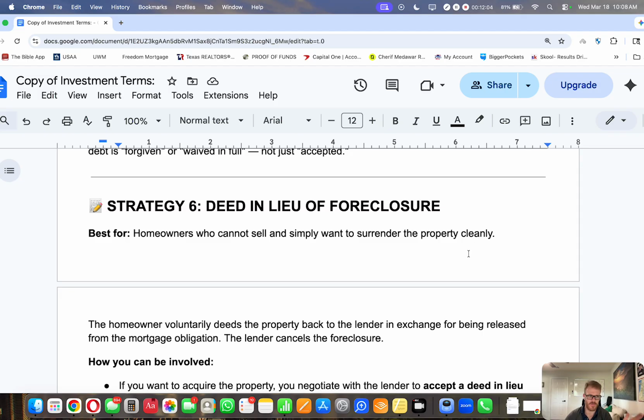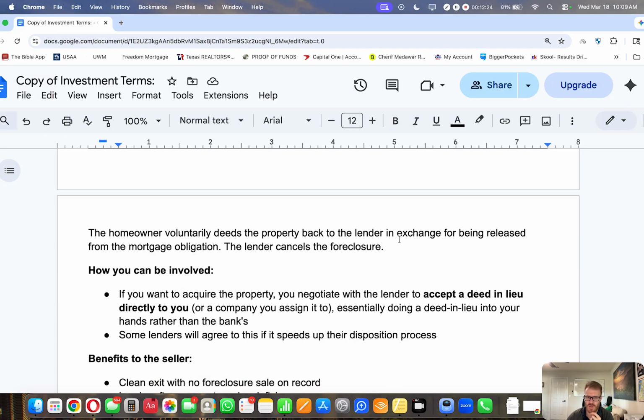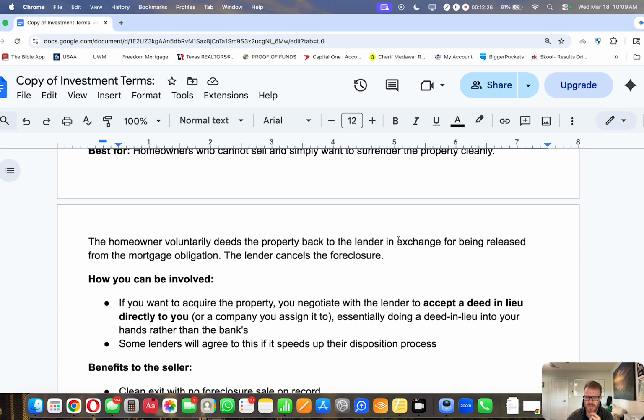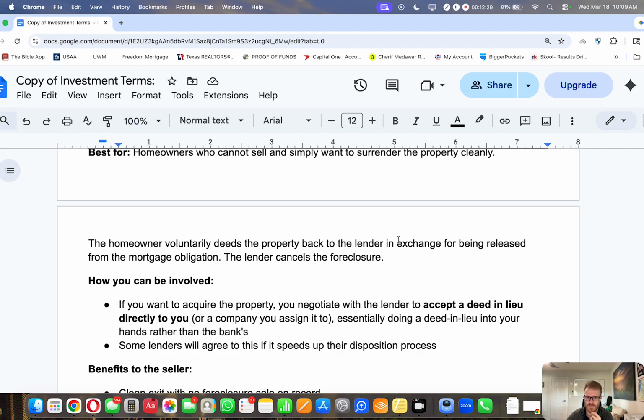Rather than take it to the auction and actually suffer an actual foreclosure, which is arguably the worst thing that can happen to a person's credit profile in the United States, they would give the deed back to the lender for the lender to commence their process of selling the house and recouping their investment. And so it saves the lender a lot of money, it saves them a lot of time, and it allows them to get to work to start to get their investment back.